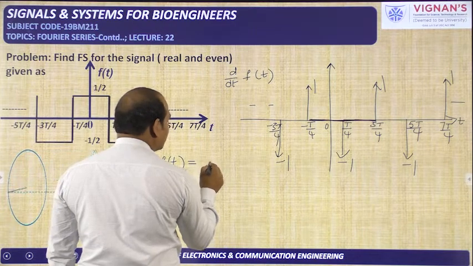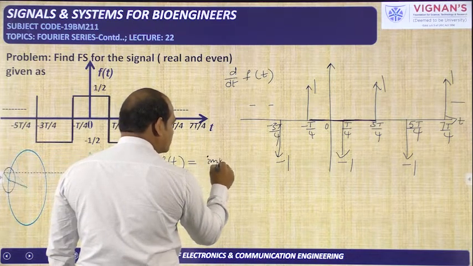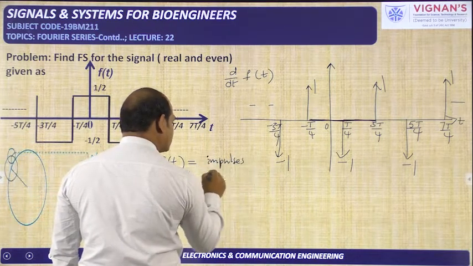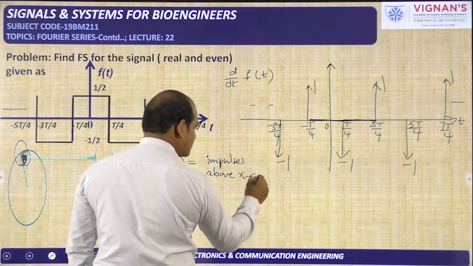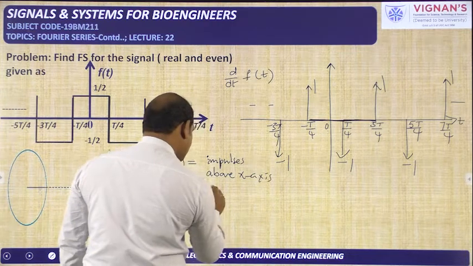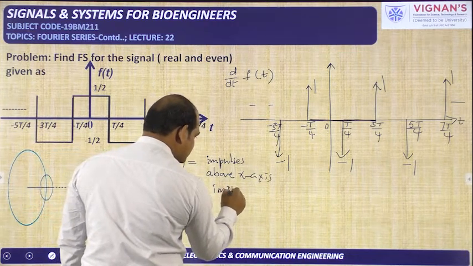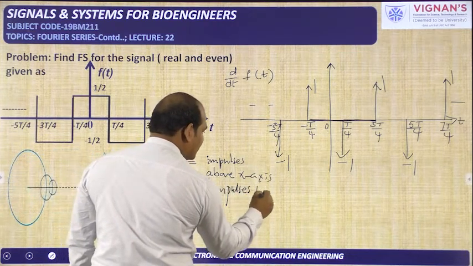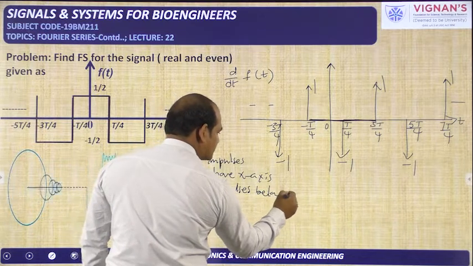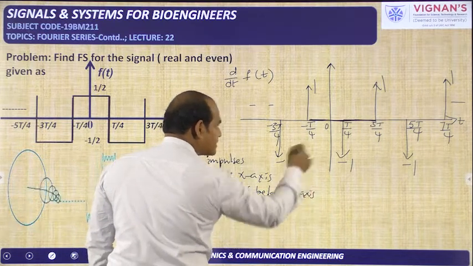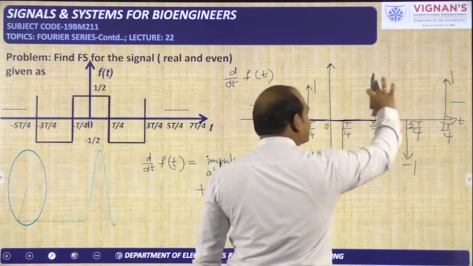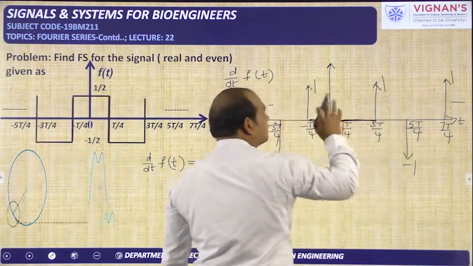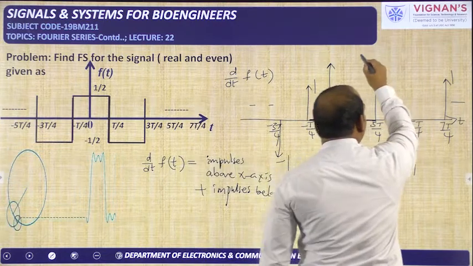One is impulses above the x-axis, plus impulses below the x-axis on the negative side. Okay, so these are the impulses available with respect to the impulse train.